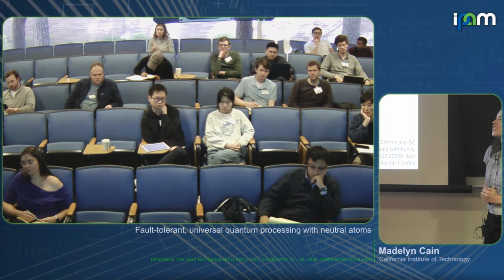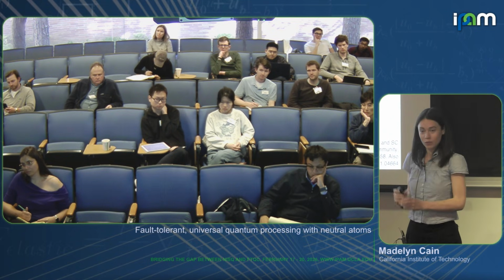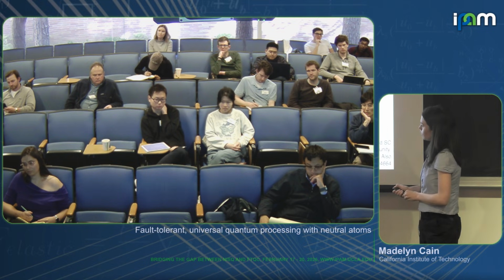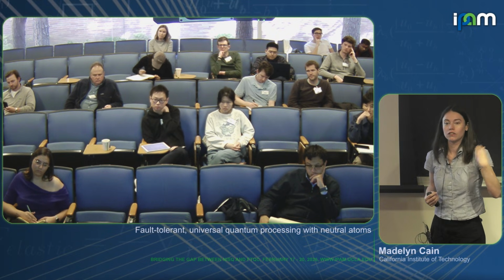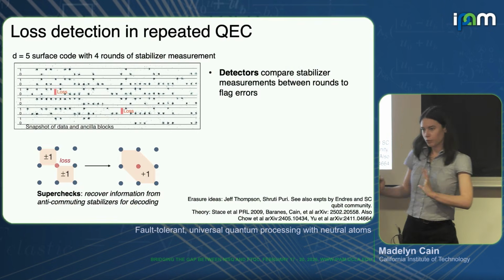Yeah? I'm really sorry, you probably said this, but the fact that it's a data qubit loss and you know it happens means you're getting lost information, not on measurement. Is it like you have continuous observation and you know immediately when a qubit's lost? No, that's a great question, and it's an important but subtle point. Prior work proposed in the community by people like Jeff Thompson and Shruti Puri proposed checking after every single gate whether this atom is lost or not. For many reasons, that doesn't work super well in our system.